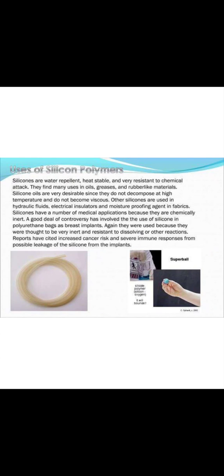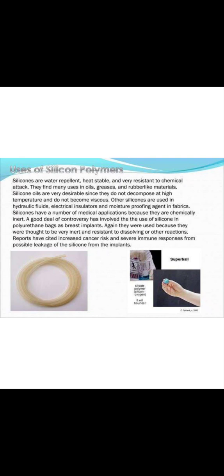After this we have the silicone polymer uses. Silicone polymers have some very important uses. They are water repellent, heat stable, and very resistant to chemical attack. They find many uses in oils, greases, and rubber-like materials.